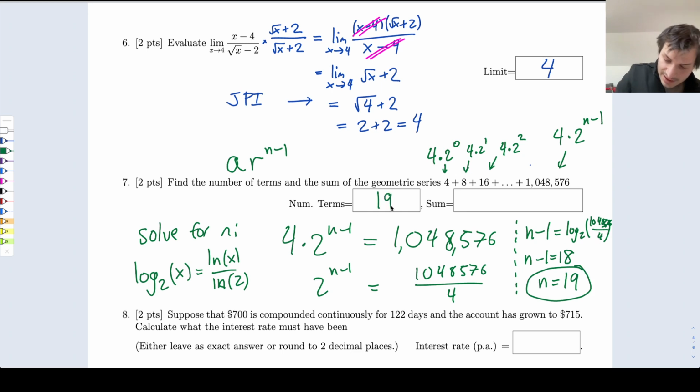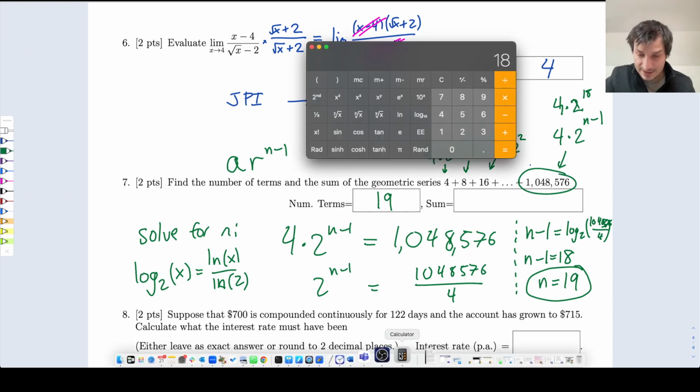And as a sanity check, just to make sure everything went perfectly right, I'm saying this is 4 times 2 to the power 18. 4 times 2 to the power 18 is supposed to be 1,048,576. Is it? As a sanity check, let's check it out.